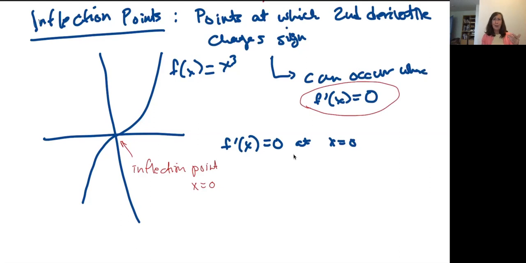I should say you can also have inflection points where the first derivative is not equal to 0. So the first derivative being equal to 0 is necessary for a local minimum or a local maximum. It can happen at an inflection point, but it's not necessary. That's really all there is to say about inflection points.